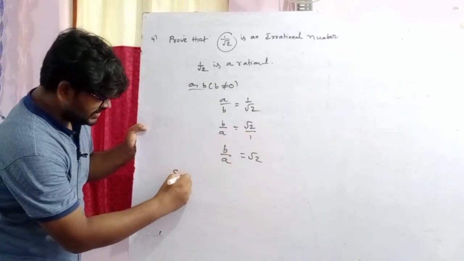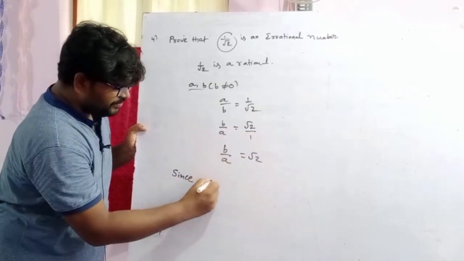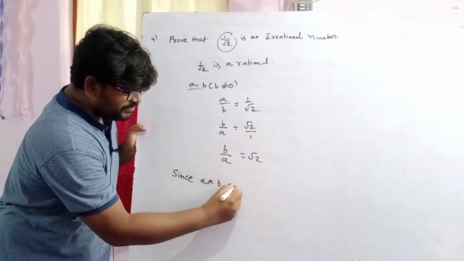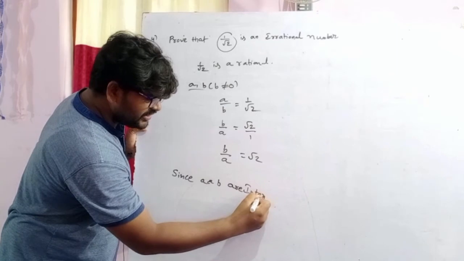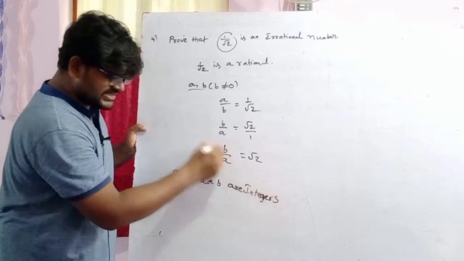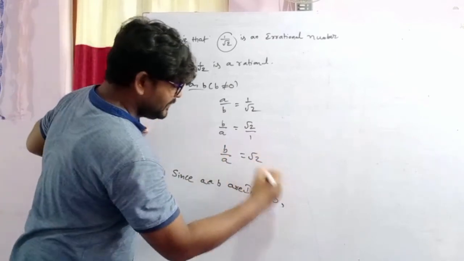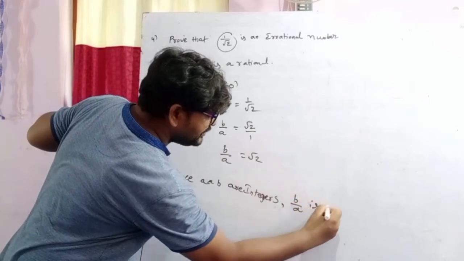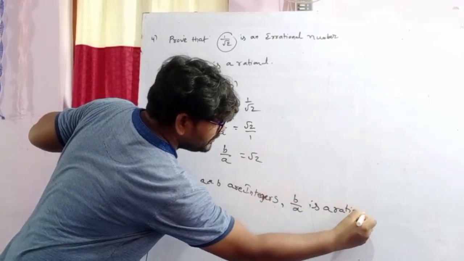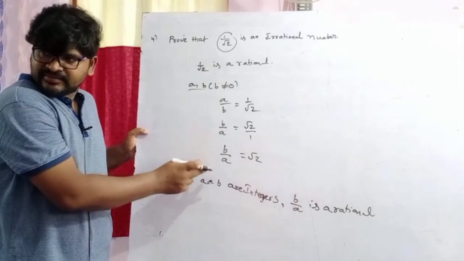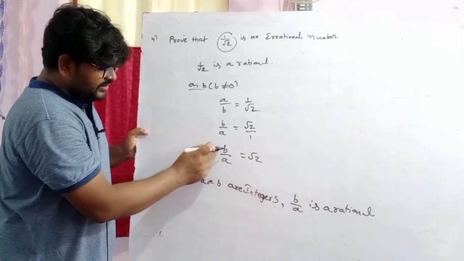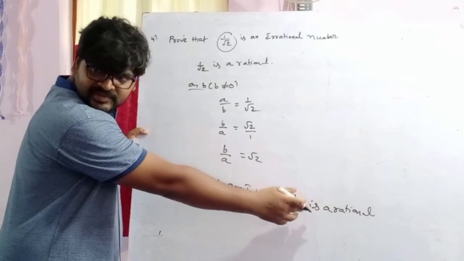Since a and b are integers, b by a is a rational.